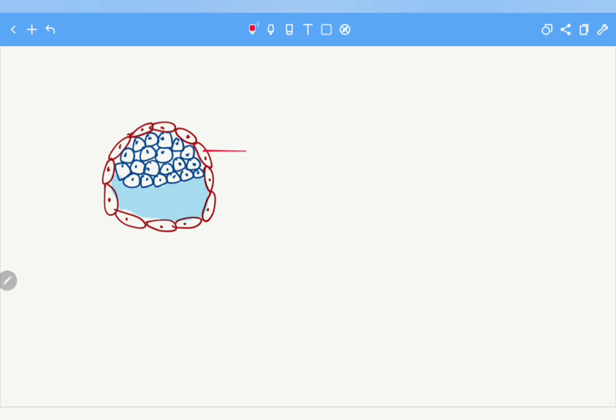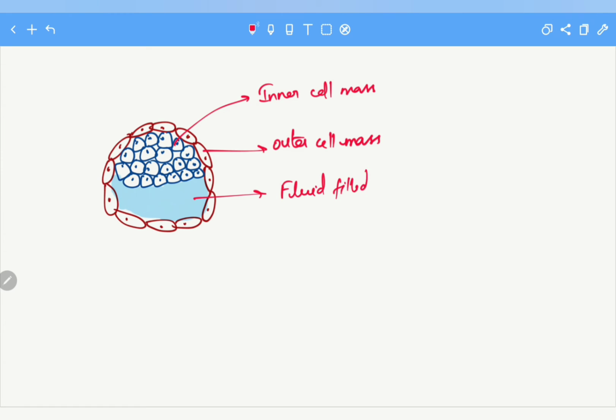So now see, this is the outer cell mass and this is the inner cell mass, and this is the fluid-filled cavity with uterine milk. It's nothing but the fluid which entered from the uterine cavity.